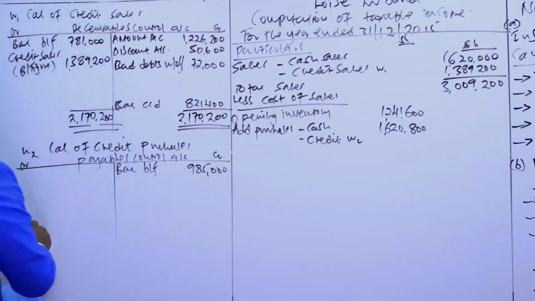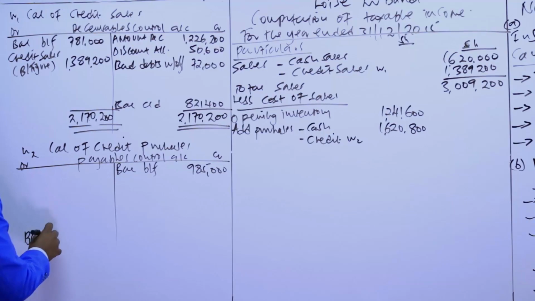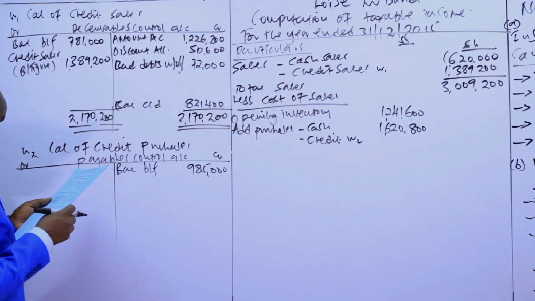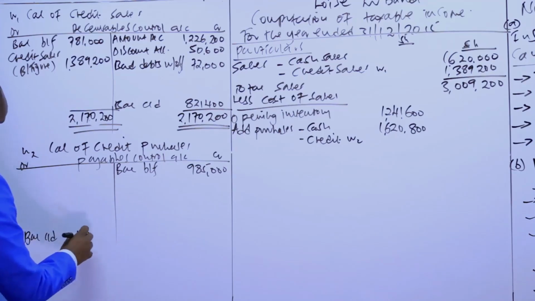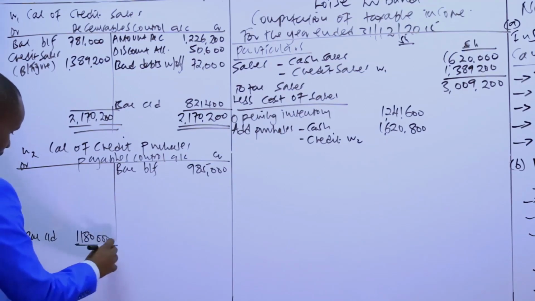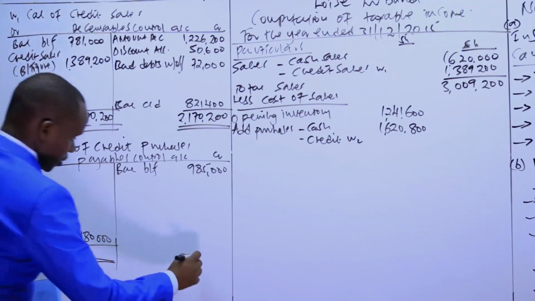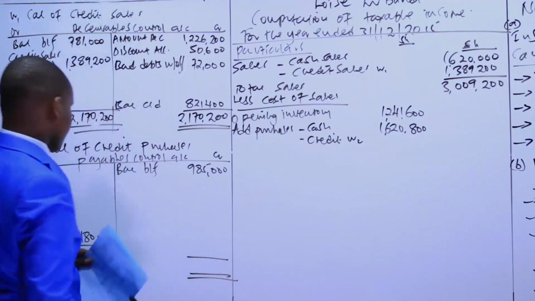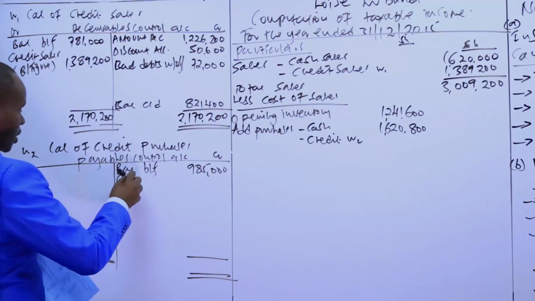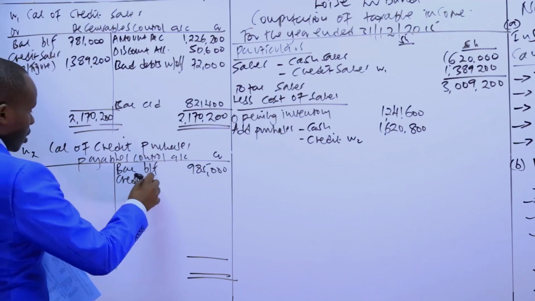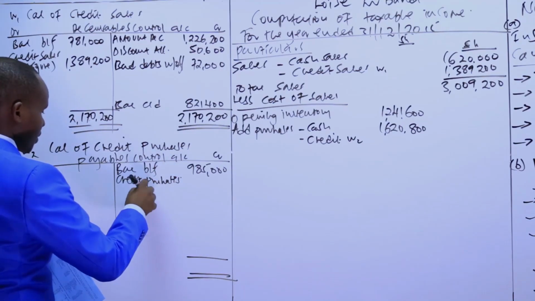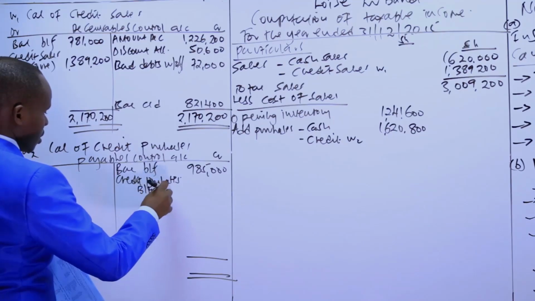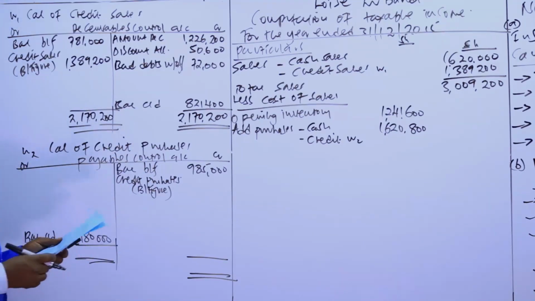Balance carried down is 1,180,000. What we are looking for is credit purchases, and this will be the balancing figure.